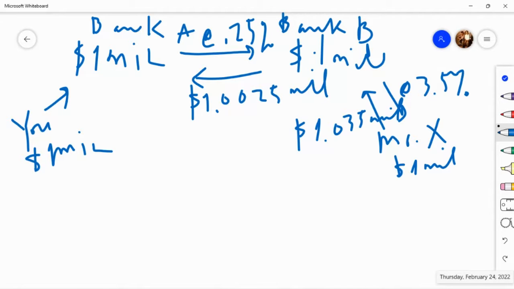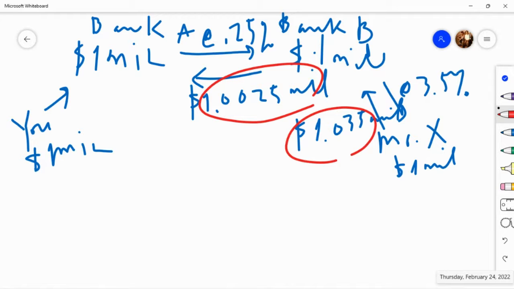And the difference between the two, right? This difference is what Bank B makes, right?